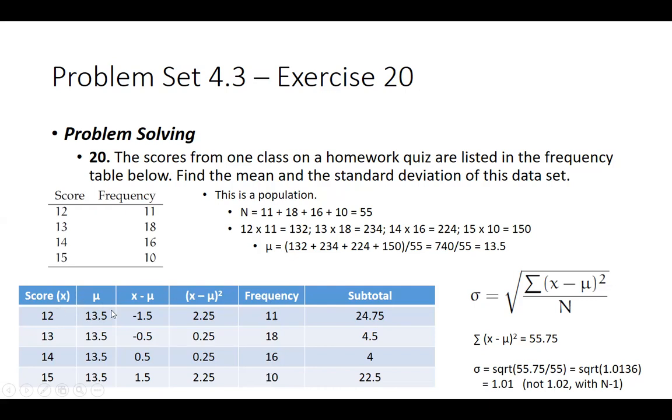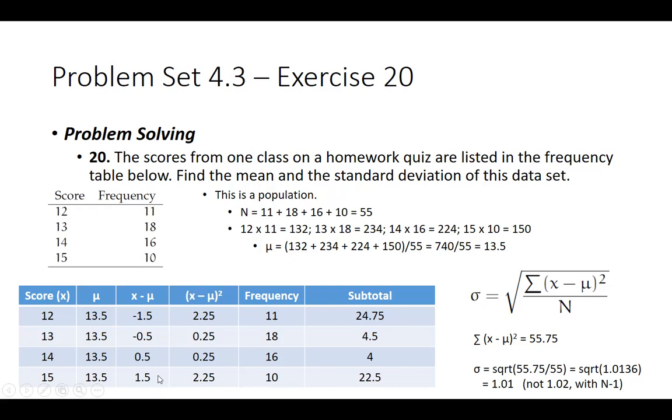But we want to take our score minus our mean, x minus mu. 12 minus 13.5 is negative 1.5. 13 minus 13.5 is negative 0.5. 14 minus 13.5 is 0.5. 15 minus 13.5 is 1.5.